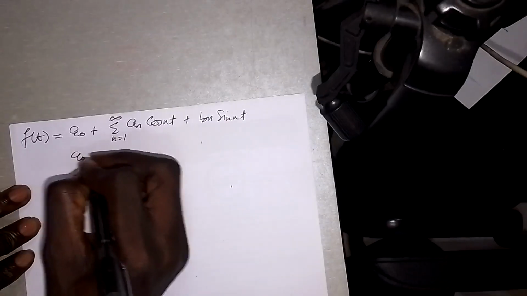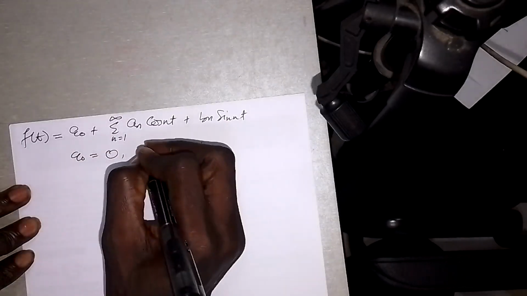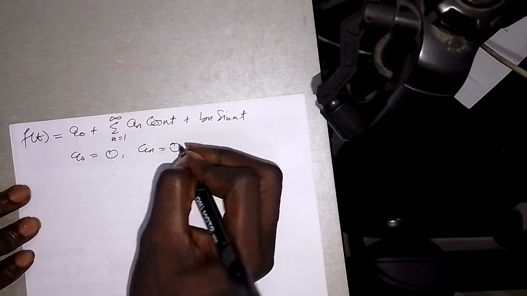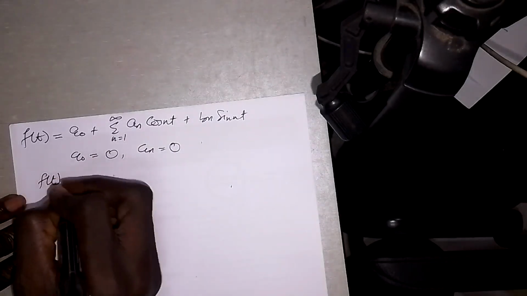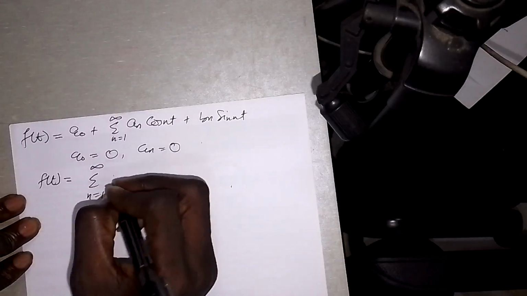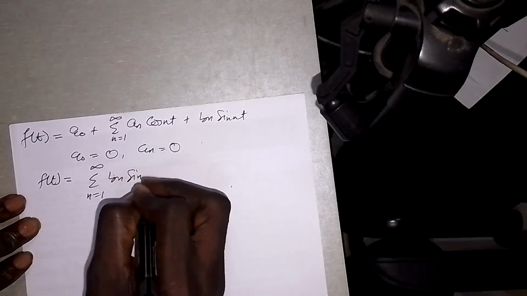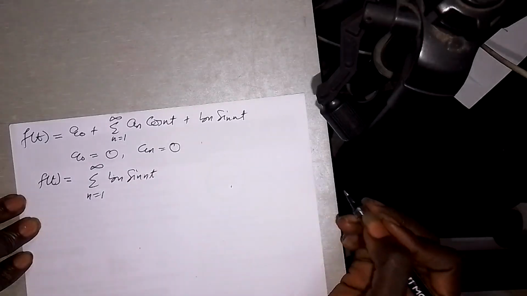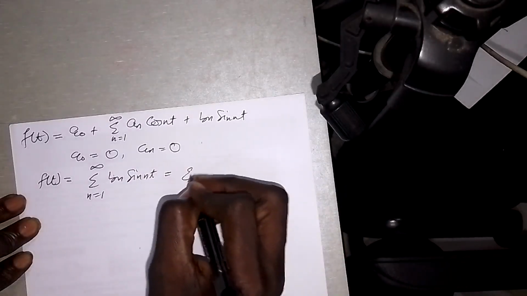Here we found that a naught is equal to 0, and an is also equal to 0. So our equation now becomes the summation up to infinity, n equals 1, of bn sin nt.